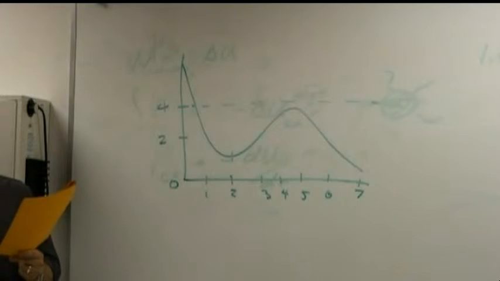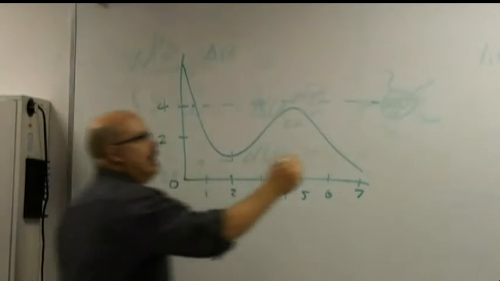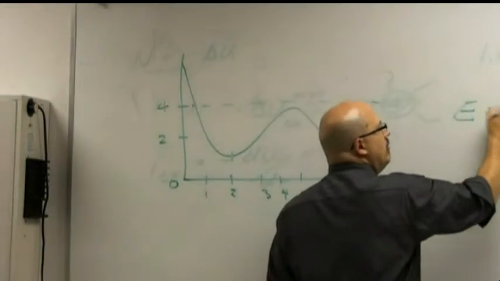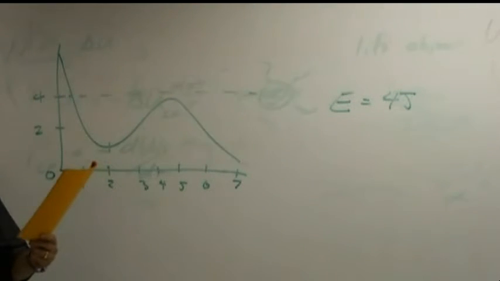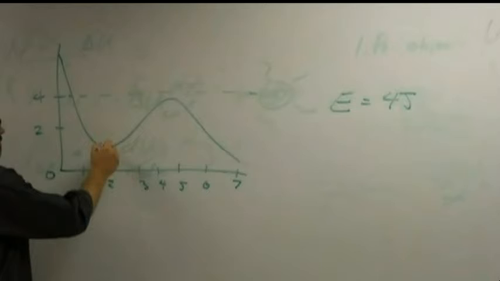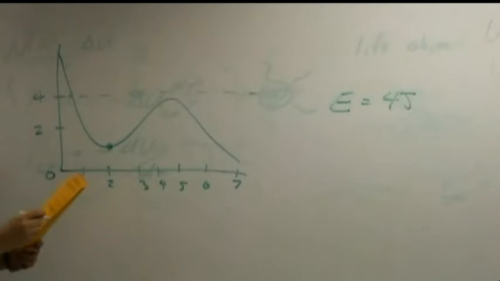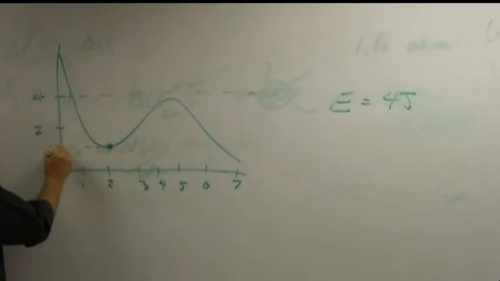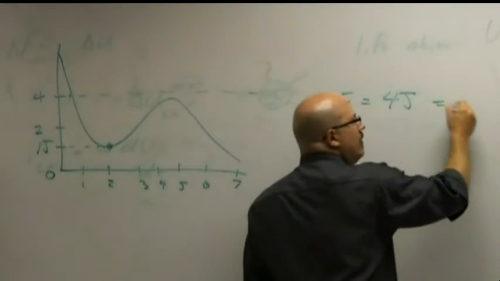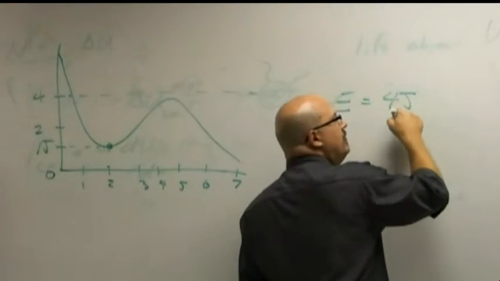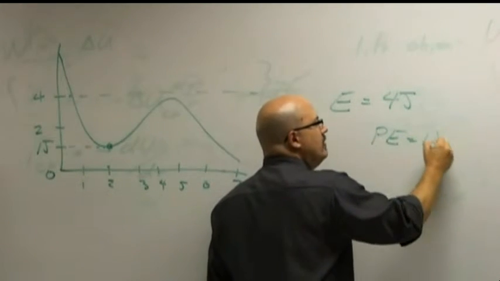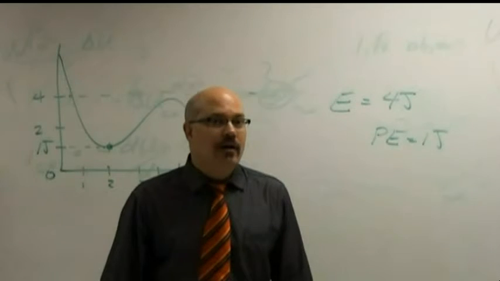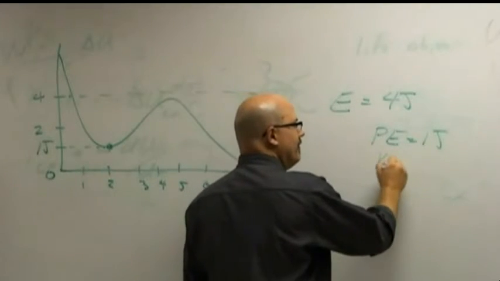It says the object has a total energy of 4 joules. What's its kinetic energy when you're here? When you're right there, how much potential energy do you have? 1. So if this is your total energy and your potential energy equals 1 joule, how much kinetic energy do you have? 3 joules.